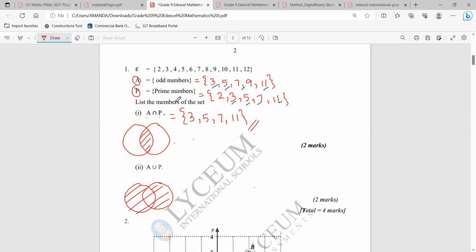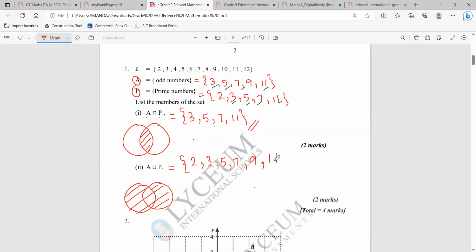And the union, all the elements altogether in A and B. So we'll start with the elements in order. We'll start with 2, and then we have 3, and then we have 5. Then 7, 9, 11.